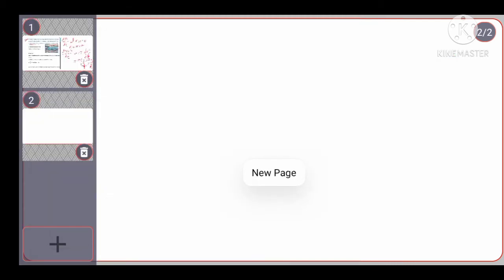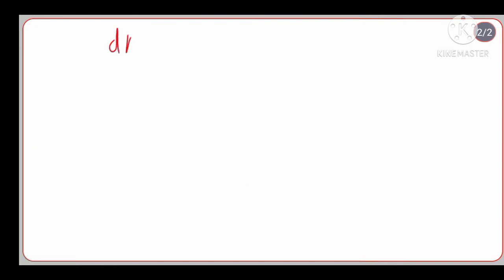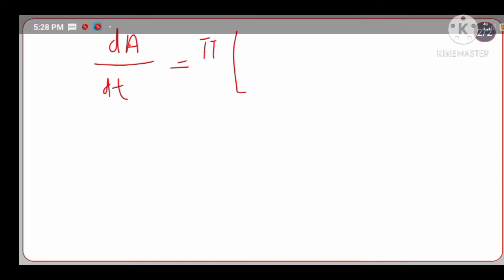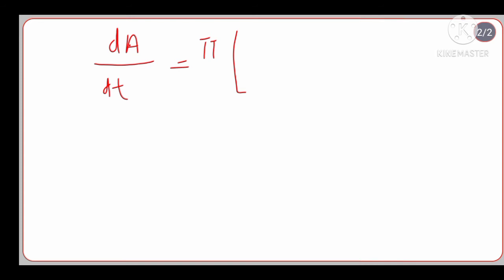So it becomes dA by dt equals pi in bracket, what is the differentiation of r square with respect to r? It's nothing but 2r into dr by dt as it is.